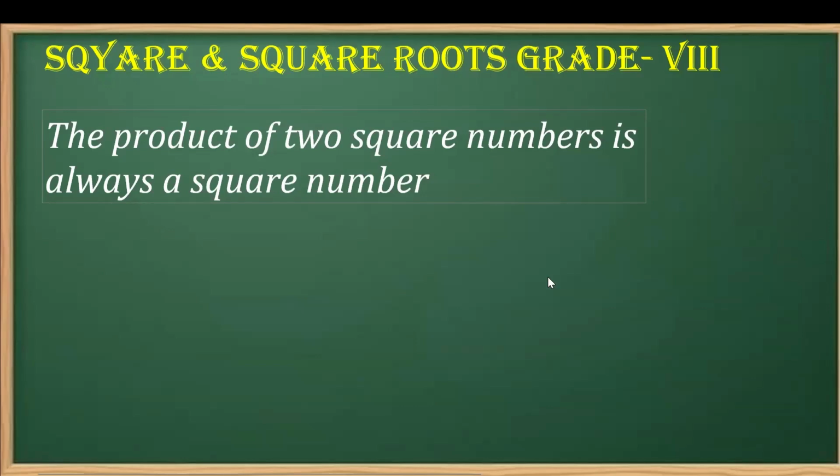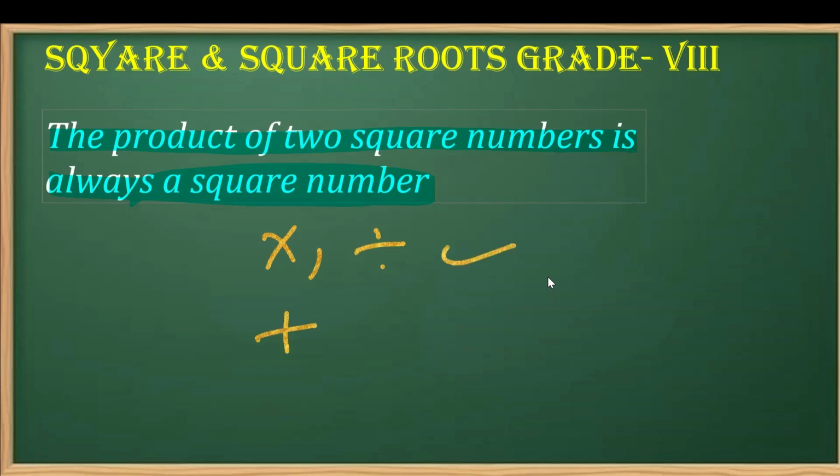Now, this question says that the product of two square numbers is always a square number. Well, this is true. As I said, the product and quotient of two square numbers is always a square. It's only the sum and the difference of two square numbers that may not be a square number. You can verify using any two square numbers. Let's say I take 4, 4 square is 16.